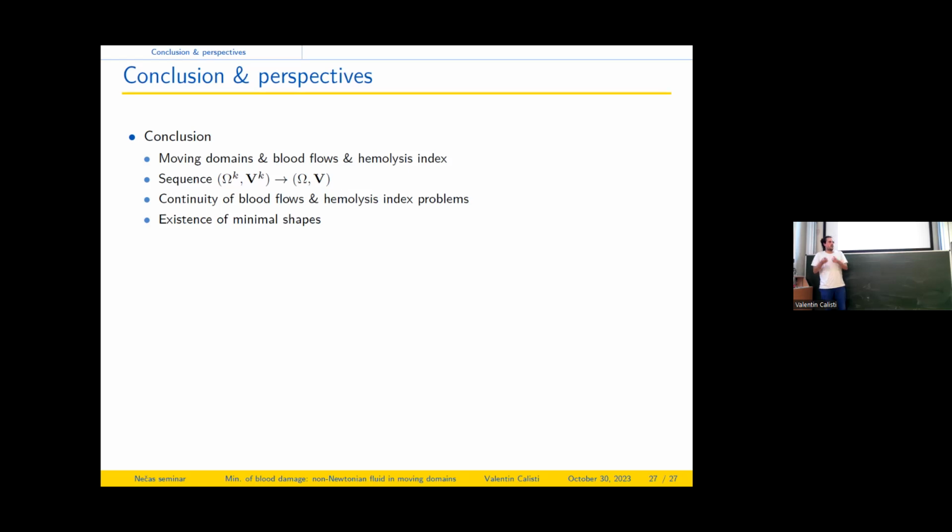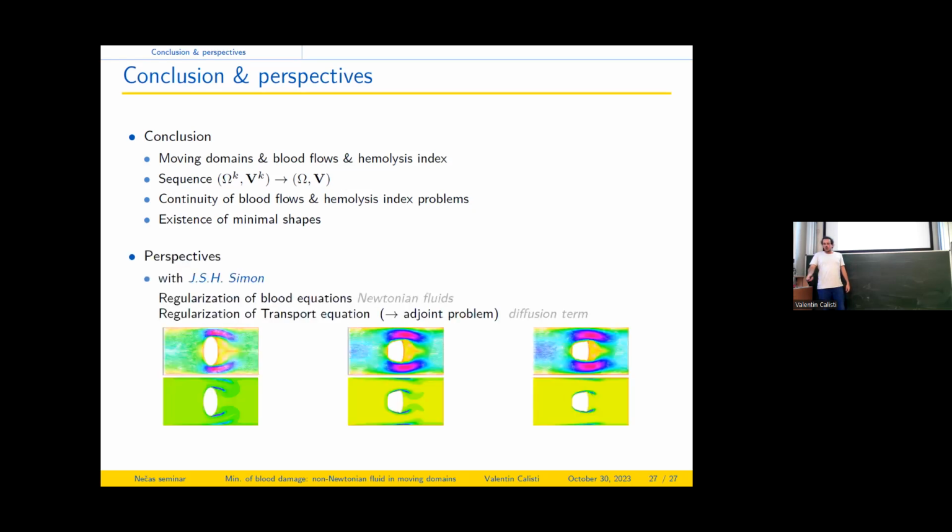So then we can define the adjoint state more easily. We have some starting results. Here we try to optimize some minimal shape inside a blood flow, and this is just a starting result, but at least it is something which is not equations and computations. So it's nice to see.